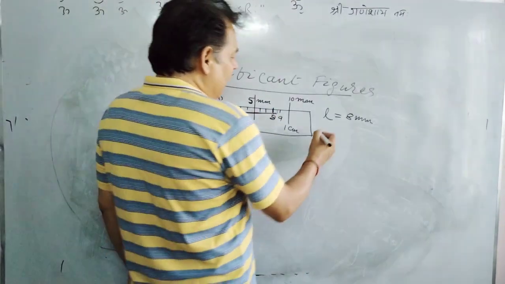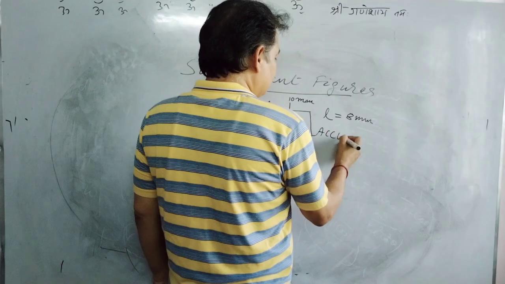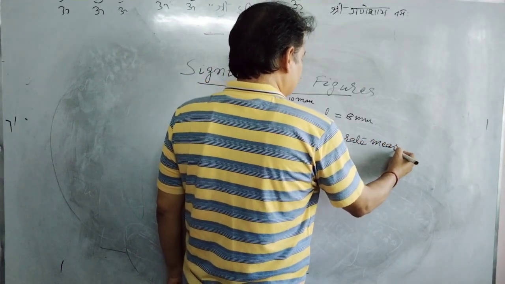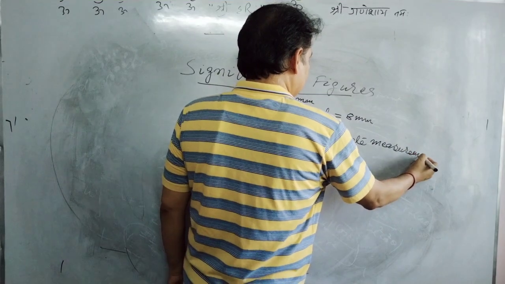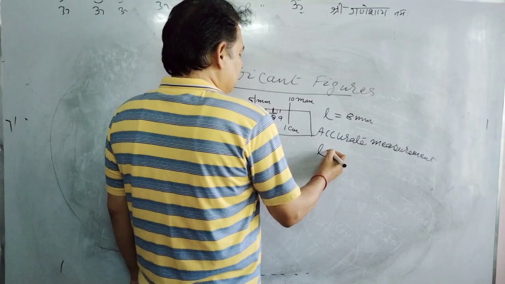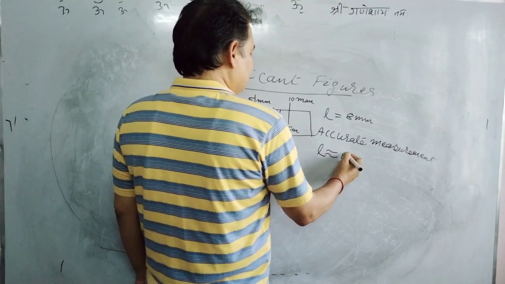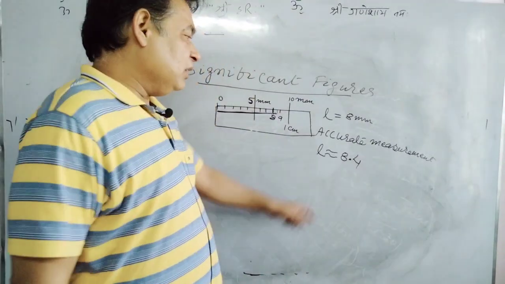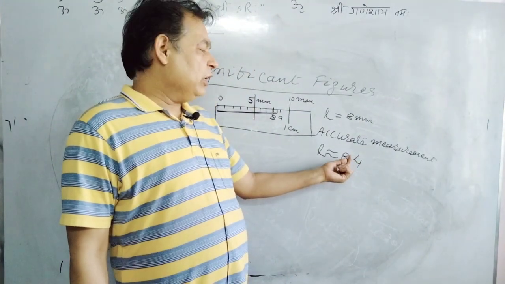Then for accurate measurement, we have to write down L is equal to 8 point, I'm guessing here, 4. But someone can write 3, someone can write 8.45.